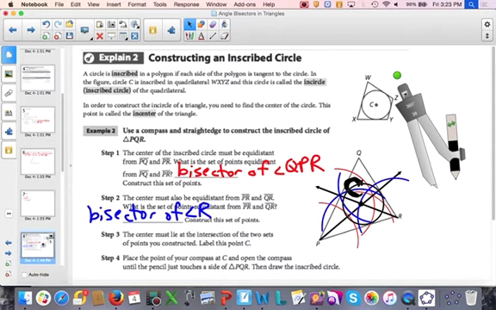Notice how that circle just barely touches the sides of the triangle. And of course, yes, I'm going to acknowledge that it doesn't touch the side PQ. My construction isn't perfect. And a lot of times, your constructions won't be perfect. But as long as you're showing the steps, as long as you understand the steps, then you're in good shape.